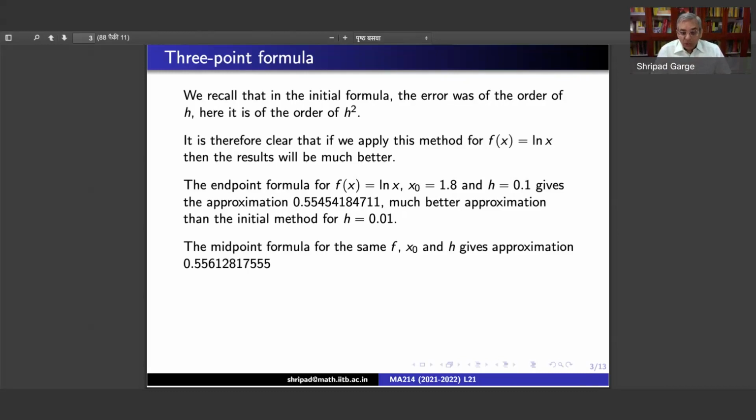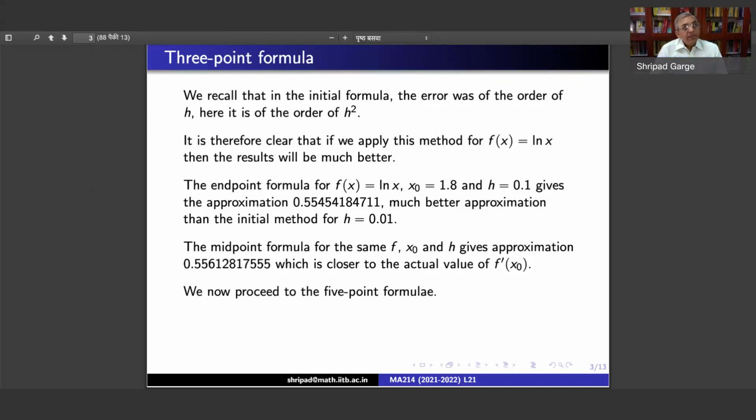So this is closer to the actual value of the derivative. Remember, the derivative of natural logarithm is 1 upon x. And so we will have to compute 1 upon 1.8, which we had done in the previous lecture, which was 0.5555555 continuing. And then we see immediately that 61 is closer to 55 than 45. So this midpoint formula gives you a much better answer.